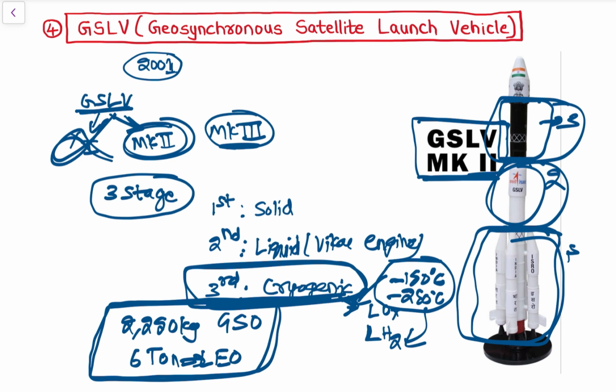But once we use cryogenic, we can reduce the weight of the fuel and increase the payload. That is with respect to GSLV Mark III. We will be studying cryogenic also.